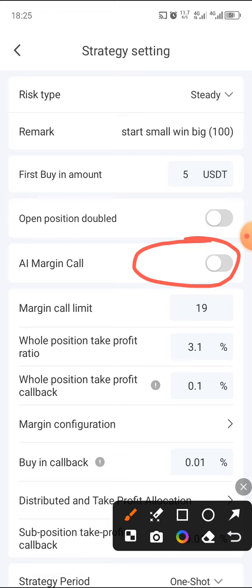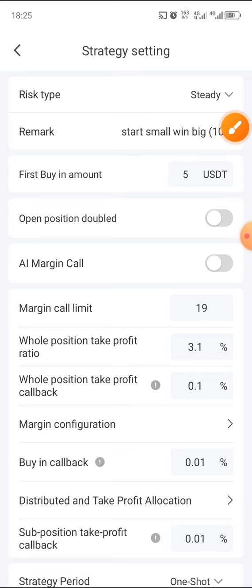Now, if you want not to be caught up by floating loss, you are going to switch this button on. Reason being that your robot will partially follow your instructions, and it will partially follow its own instructions. It will be a 50-50.